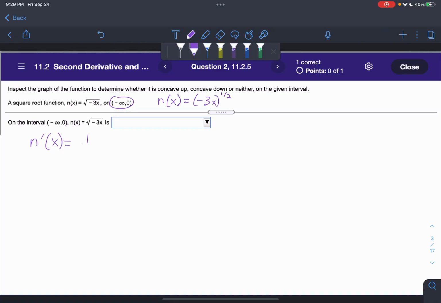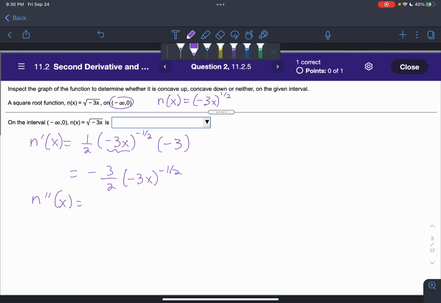So power rule: bring that 1/2 down, minus 3x to the minus 1/2, and then chain rule because I have a function on the inside. So minus 3, so I get minus 3 over 2, minus 3x to the minus 1/2, and that's our first derivative, but we actually need the second derivative.